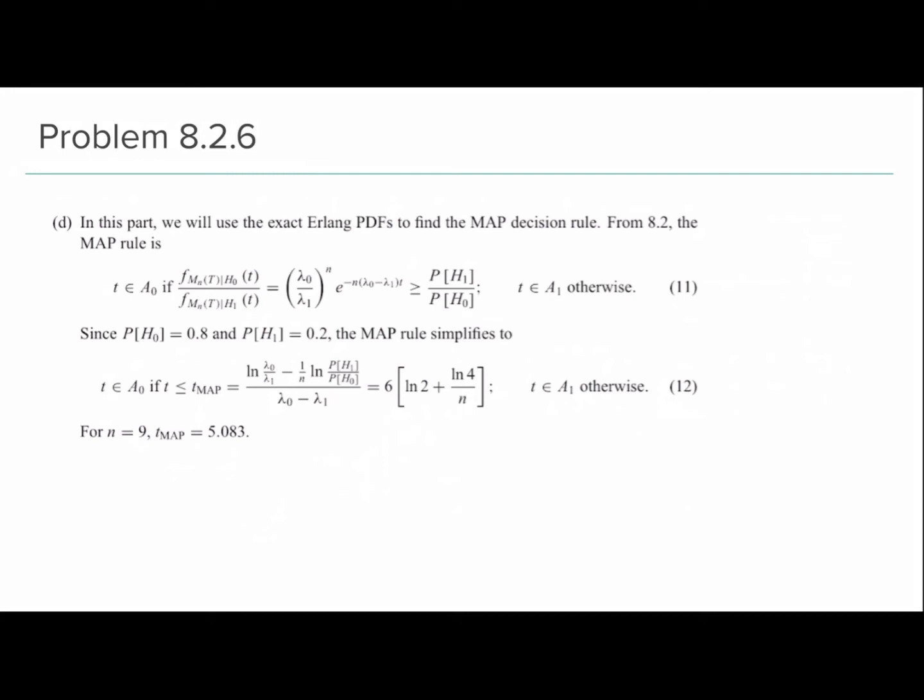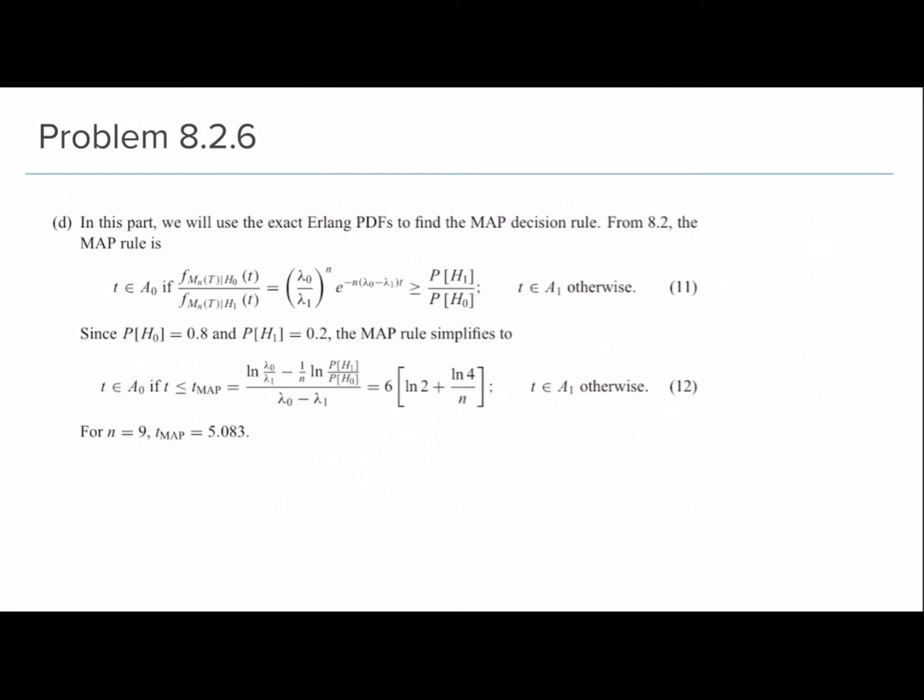So once again, this expression will simplify to t will belong to A0 if t is less than or equal to t_MAP, which is equal to ln of (λ0 by λ1) minus 1 by n times ln of (P of H1 divided by P of H0), this whole term divided by (λ0 minus λ1).